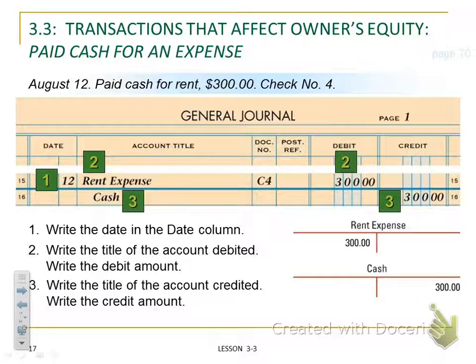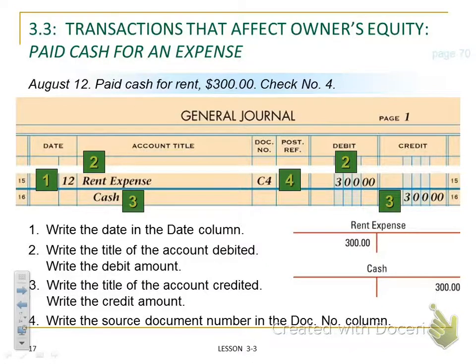We're going to record our cash for $300 as a credit. We're going to slightly indent that cash in the account title column to show that we're crediting it, and then we're going to credit our cash for $300 by entering a credit in the credit column in the journal. And then lastly, we're going to put our source document, check number 4.